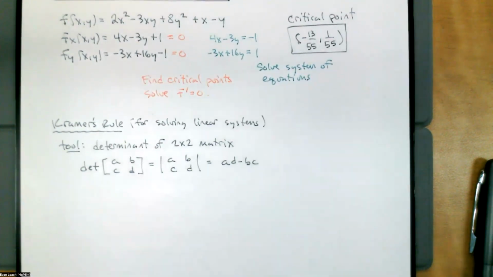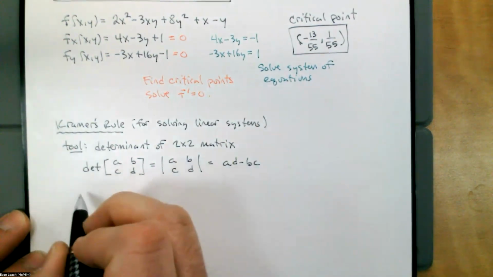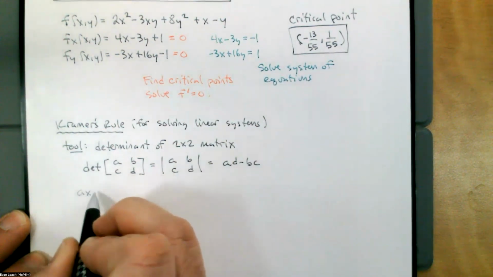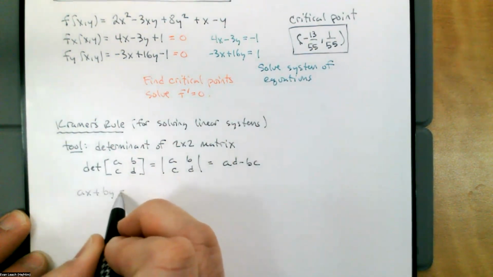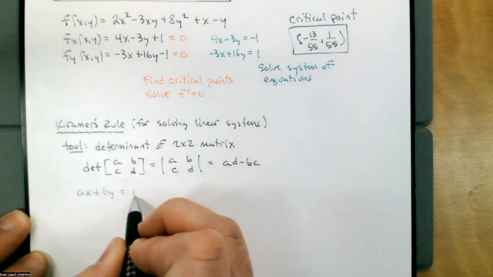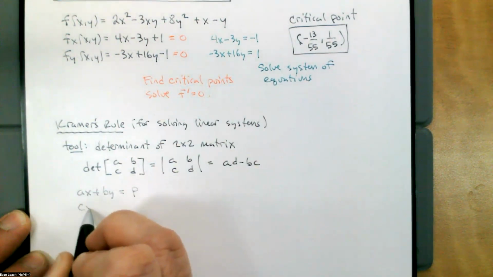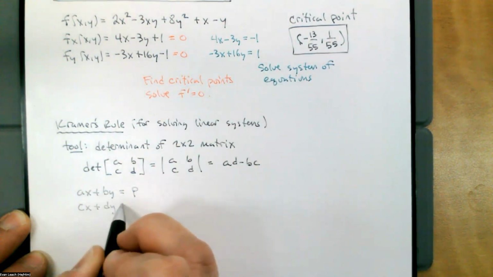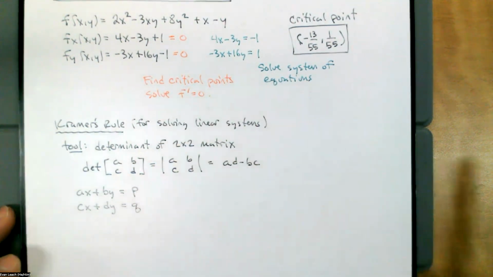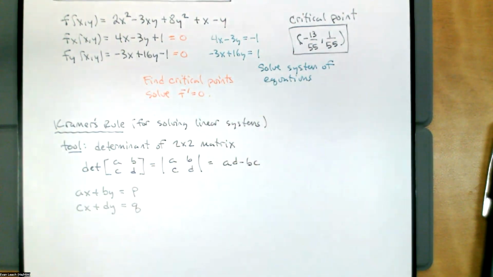So Cramer's rule has the following. Let's suppose that we've got a linear system: AX plus BY equals, let's say, P, and CX plus DY is equal to Q. Cramer's rule would have you calculate three different determinants.